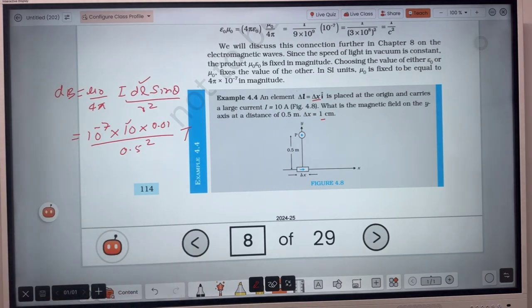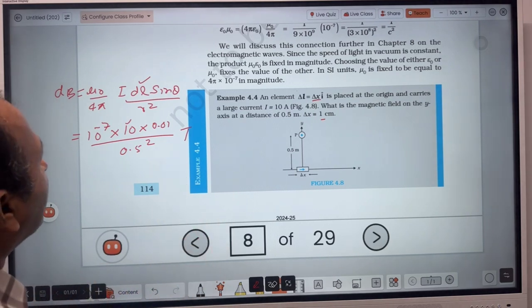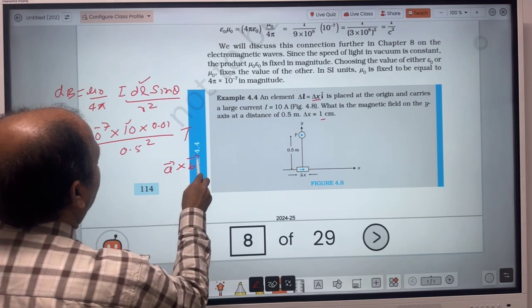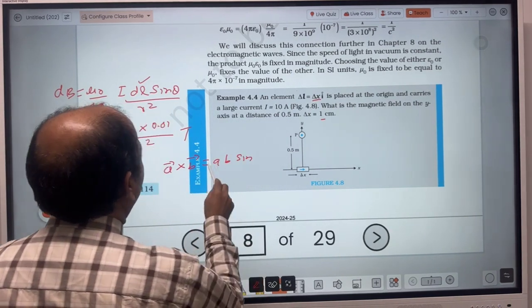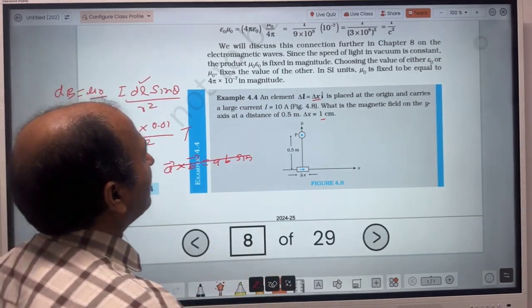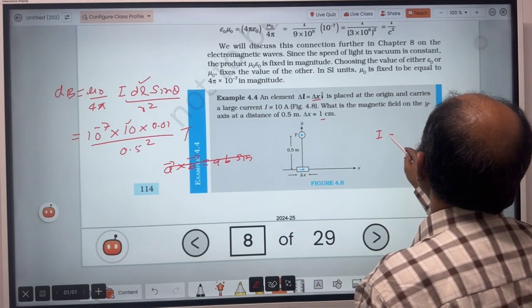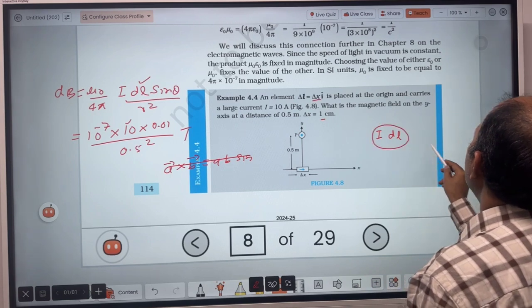Now in order to find the direction of magnetic field, what will you do? Here you can use the vector concept, like A cross B gives AB times sin theta. So in place of that you can write what quantities are being cross multiplied. So you have taken I dl, and then if you write it in vector form, just consider dl.